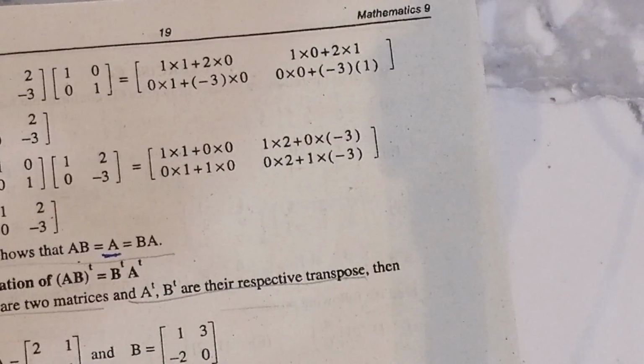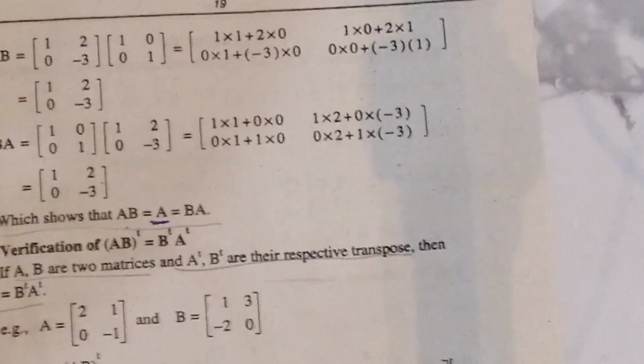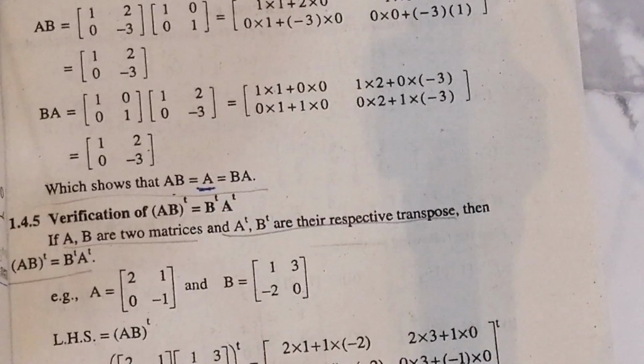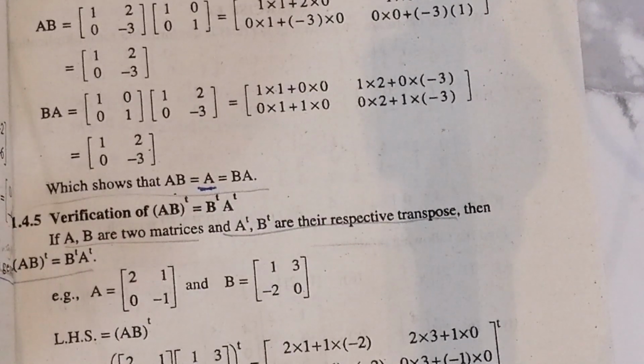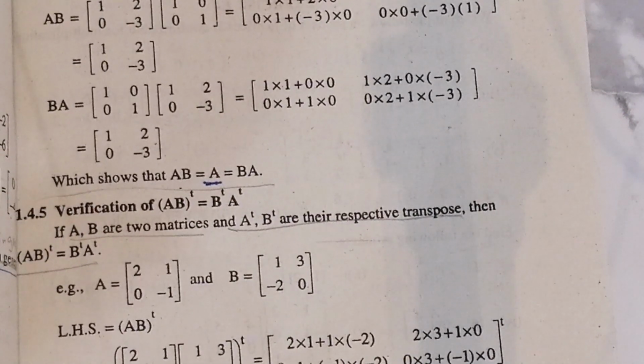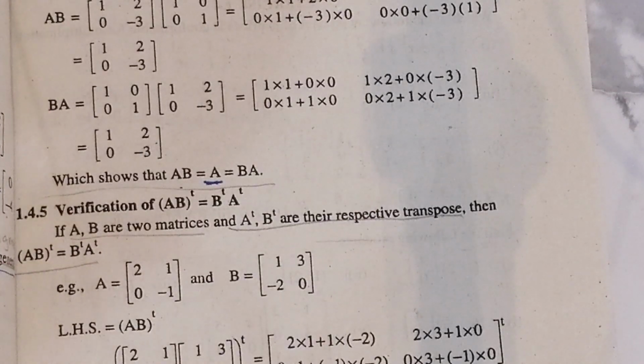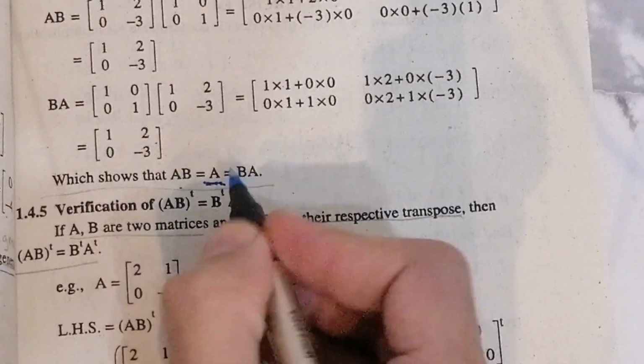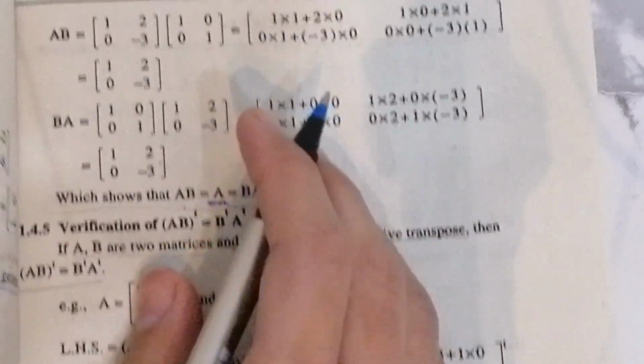It means if we add two matrices and the answer comes the same as matrix A, it will be called additive identity. And what is multiplicative identity? In multiplicative identity, if you multiply two matrices and the answer comes the same as the matrix A, it will be called multiplicative identity.